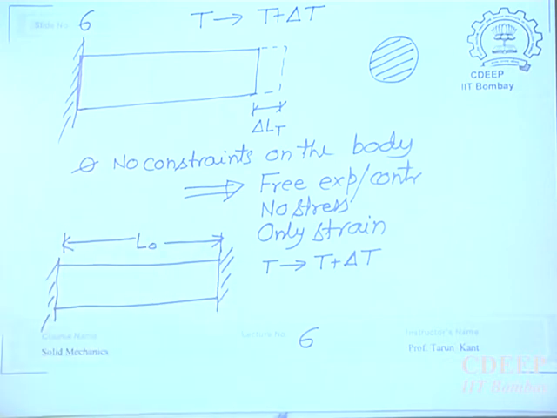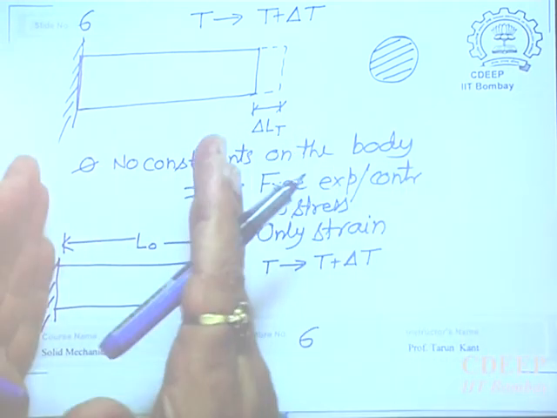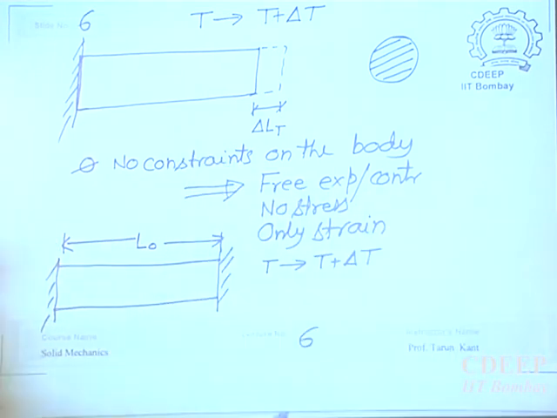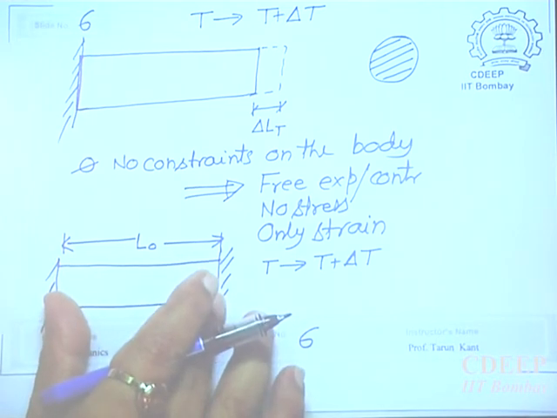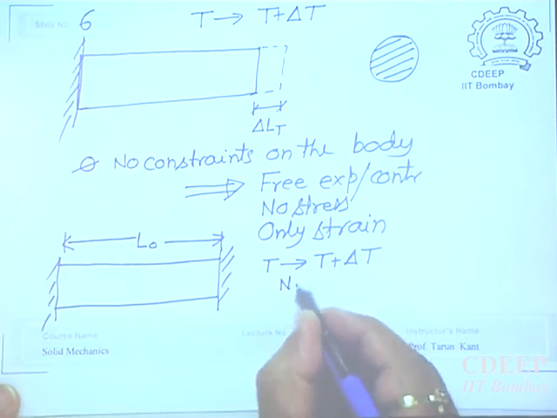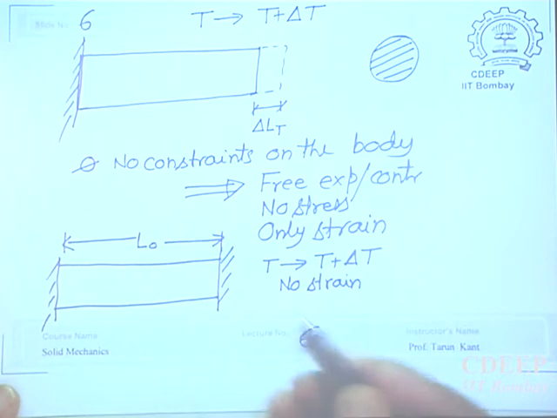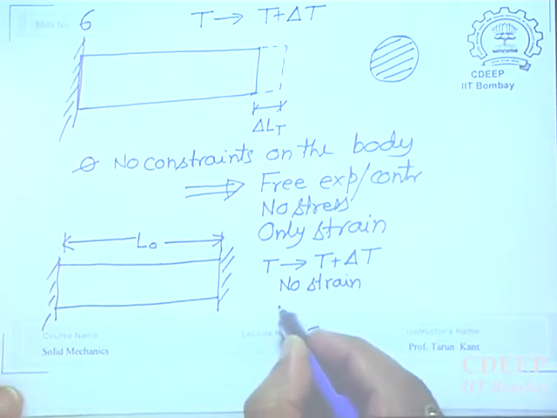Now here the rod tries to expand, but you have constrained it. Stress will be developed. So the body will be stressed here, but will there be any longitudinal strain? No strain here in this case, no thermal strain. I am not talking of any load here.